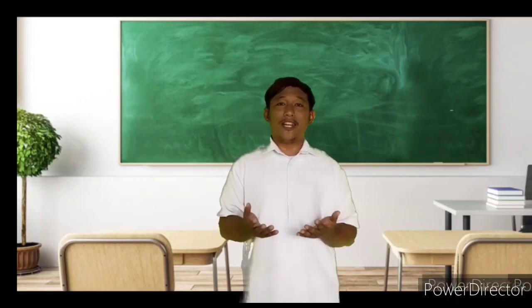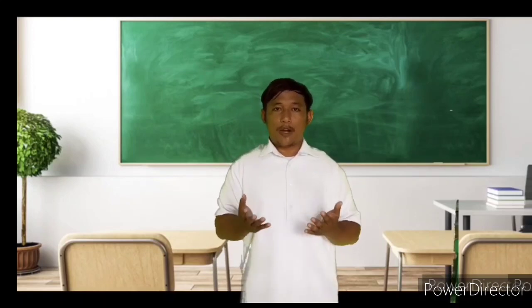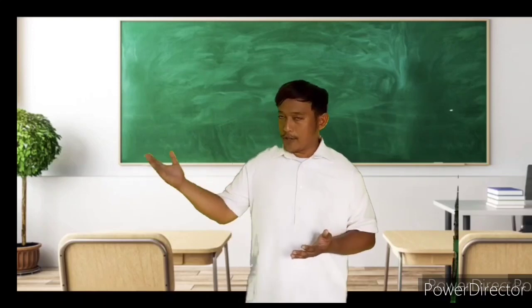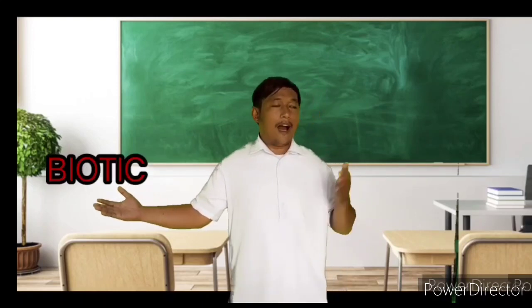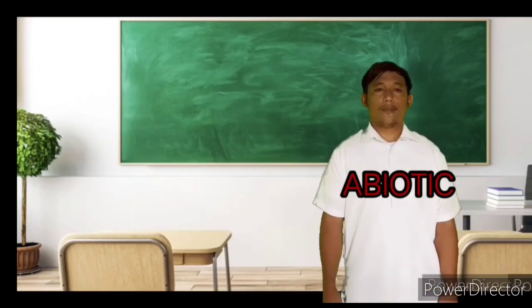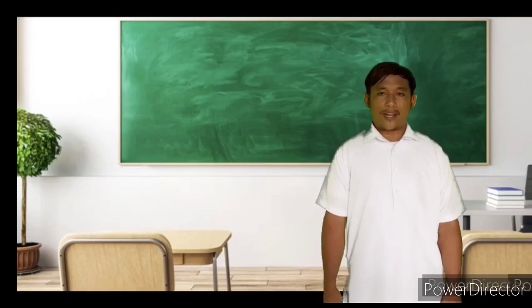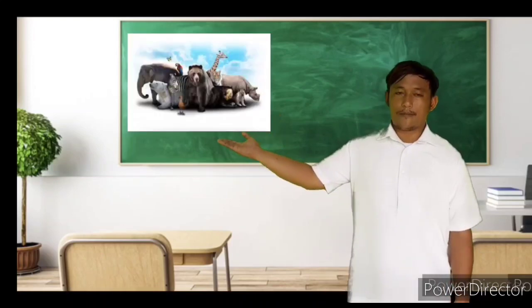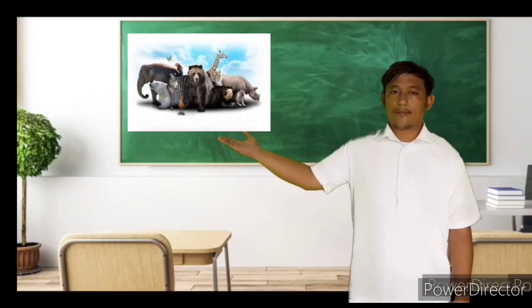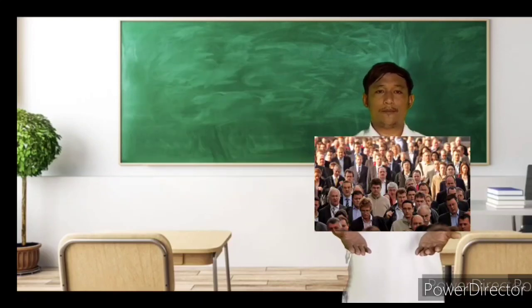Living things constantly interact with their environment. Each kind of environment is made up of biotic and abiotic components. Biotic means living things, for example, animals, plants, and humans.